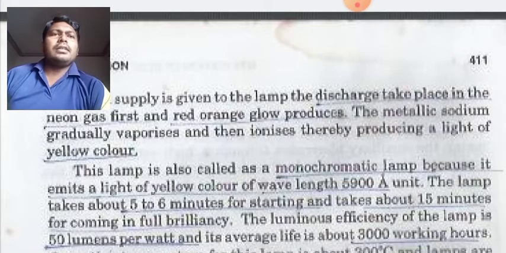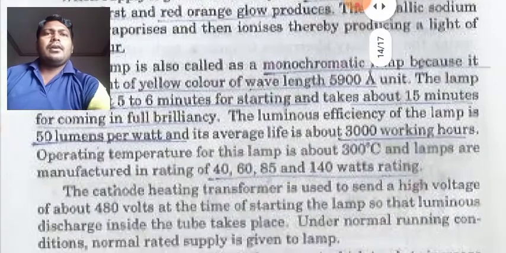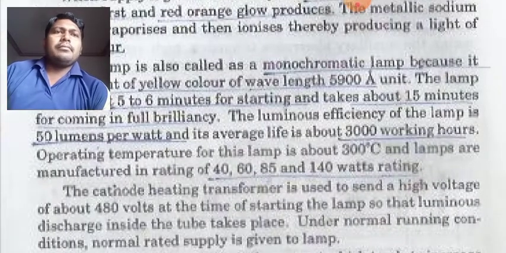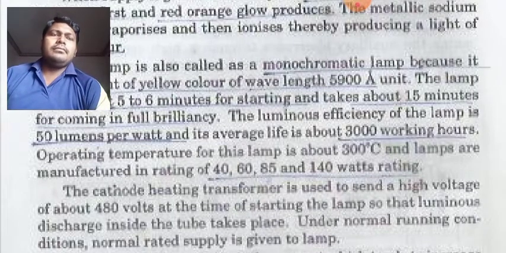The luminous efficiency of the lamp is 50 lumens per watt, and its average life is about 3000 working hours. Operating temperature for this lamp is 300 degrees centigrade. So under normal operating time, the temperature will be around 300 degrees centigrade.